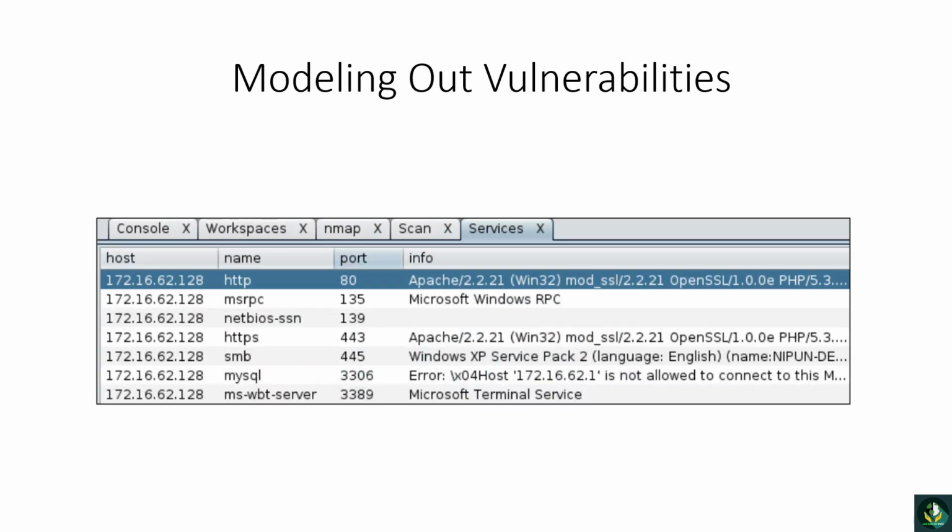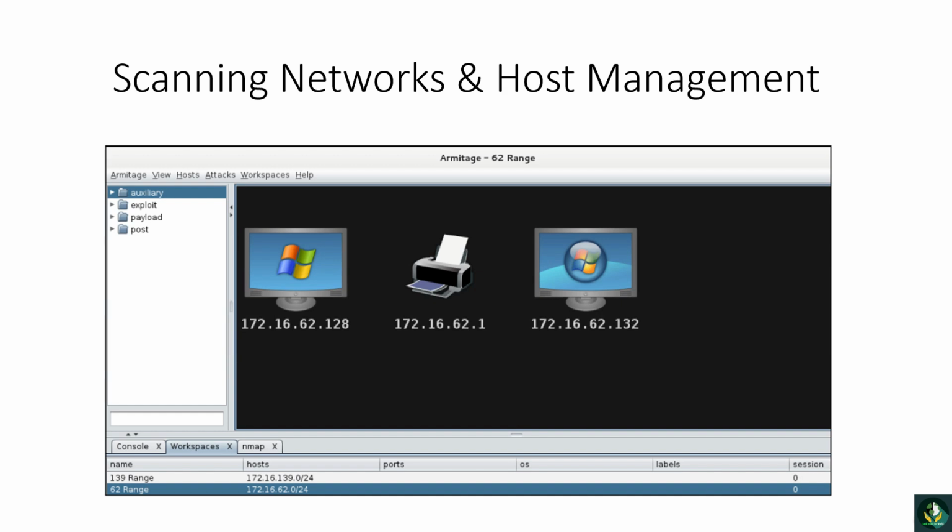You don't need to do any coding. It's just a simple graphical interface so that you can model out the vulnerabilities and match all of those, and just take the analysis, and then you can exploit with Armitage after that. So that's all about the scanning with Armitage.